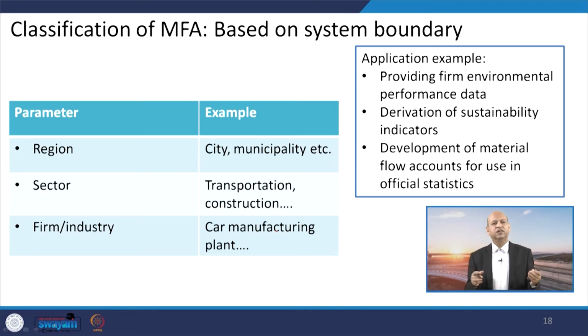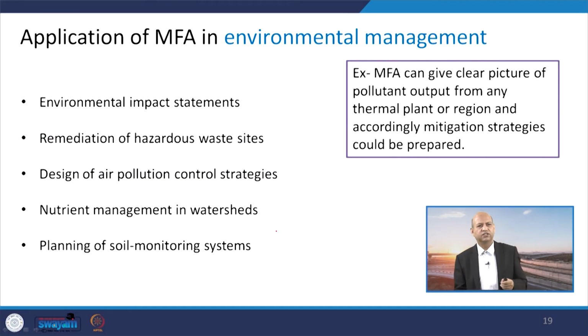At regional scale, a city or municipality can be considered. From a sector point of view, you can consider transportation or construction activities. If a firm or industry has to be considered, then a car manufacturing plant or fertilizer manufacturing plant or refineries, those kinds of things may be there. So, in all those kinds of activities we can apply this MFA. Accordingly, some classification may be as per their activity intensity and so on.